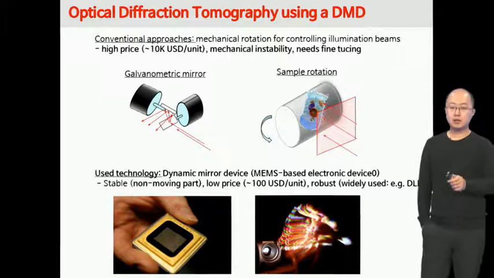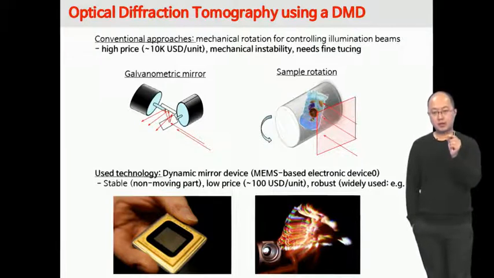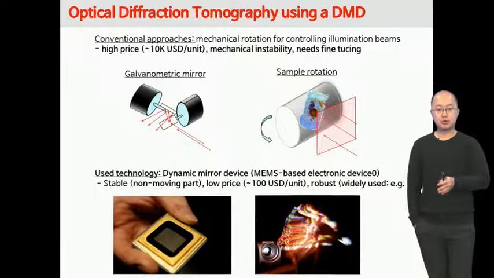And by doing that, we can get some advantages. For example, this is very stable. There are not many moving parts, and especially the large moving parts are eliminated. Only small micrometer elements are moving, which is very robust, as has been proven in DLP projectors, and in addition, it's very cheap.